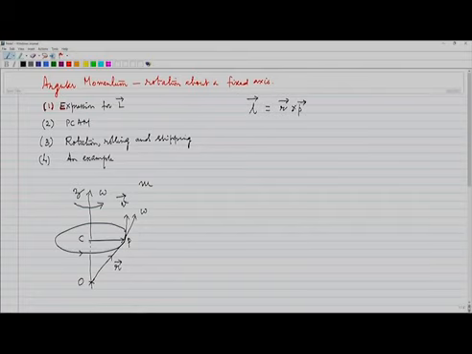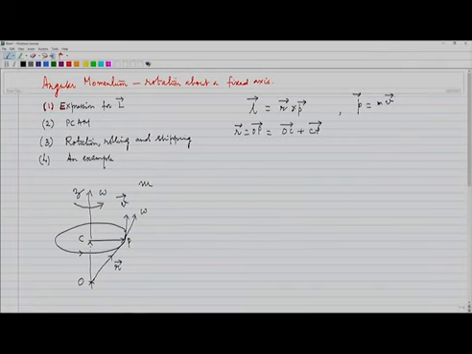Here r is equal to the OP vector, that is OC plus CP, and p, the momentum vector, is m times the velocity vector, the linear velocity. These things are fairly standard.